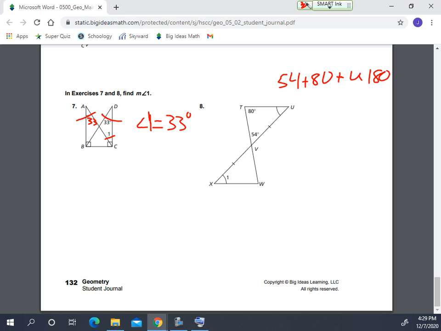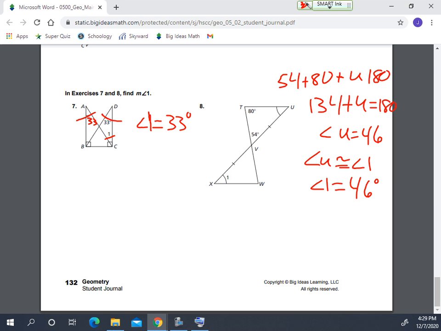Doing this math, we get 134 plus u equals 180. Subtract 134 from 180, and we get 46. U is equal to 46. And angle U is congruent to angle 1, so angle 1 equals 46 degrees. There you go. That's lesson 5.2.